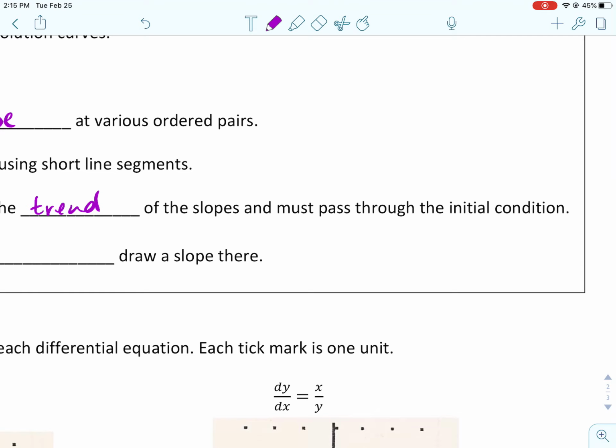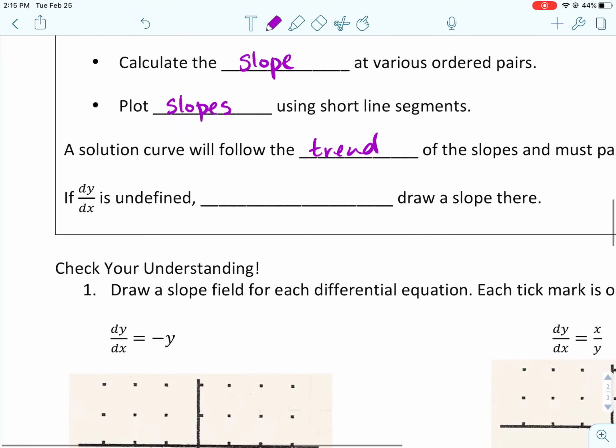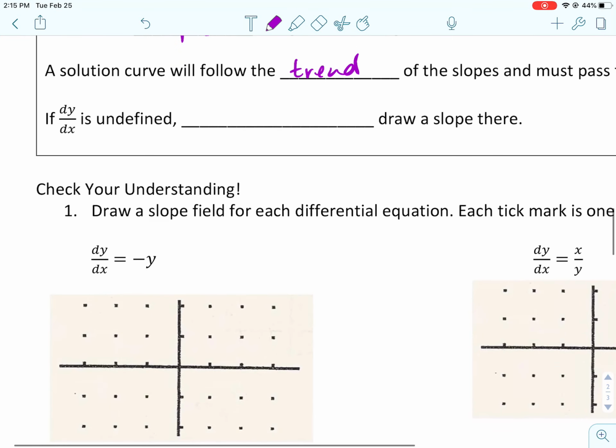A lot of times you're given an initial condition, a point that you want to be on your solution curve, and then you just draw the trend of the slopes through that point. And if dy/dx is undefined, do not draw a slope there. It's just going to have some empty spaces where you don't have slopes drawn. It's fine.